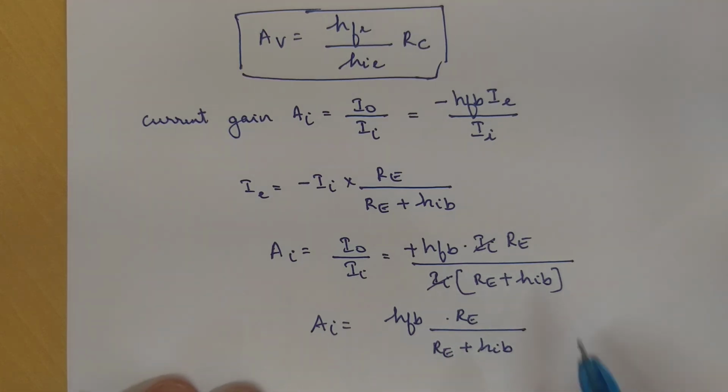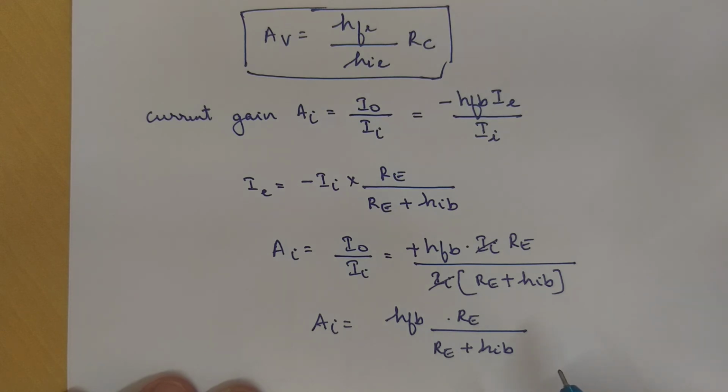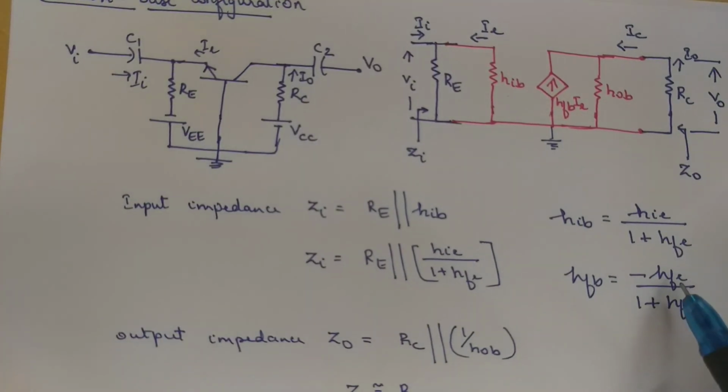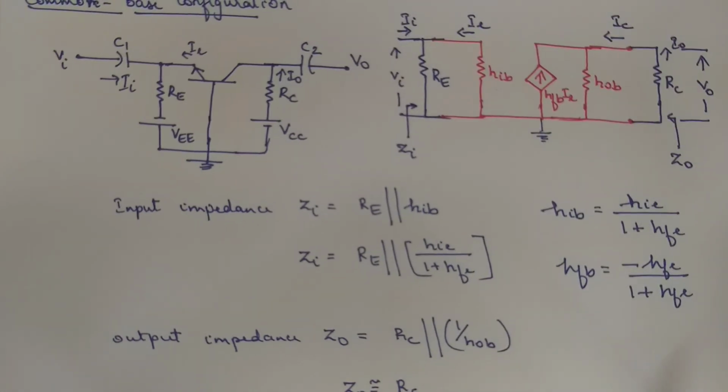Now substituting back HFB and HIB in terms of the common emitter parameters. HFB is minus HFE divided by 1 plus HFE, and HIB is HIE divided by 1 plus HFE.